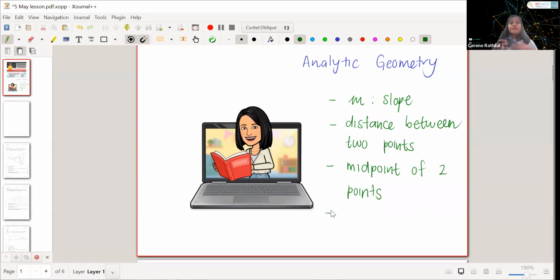You would have learned about specific properties about parallel lines. You would have dealt with perpendicular lines and other types of objects, such as properties of triangles, parallelograms, polygons, etc. So all of those things can be tested under the realm of analytic geometry.